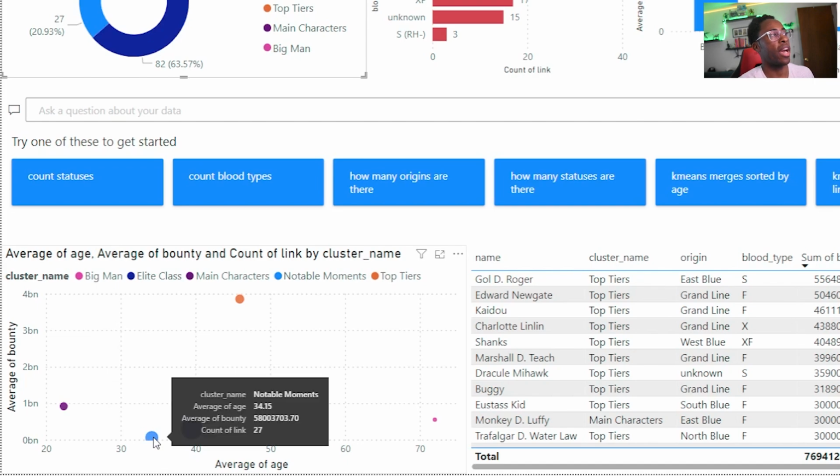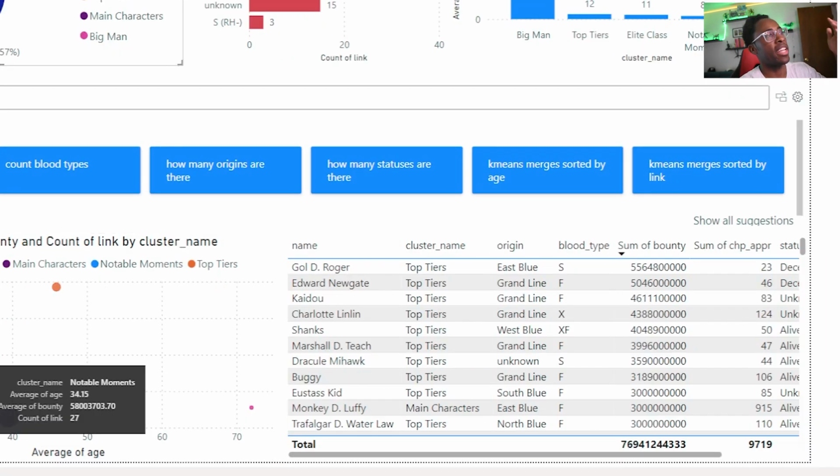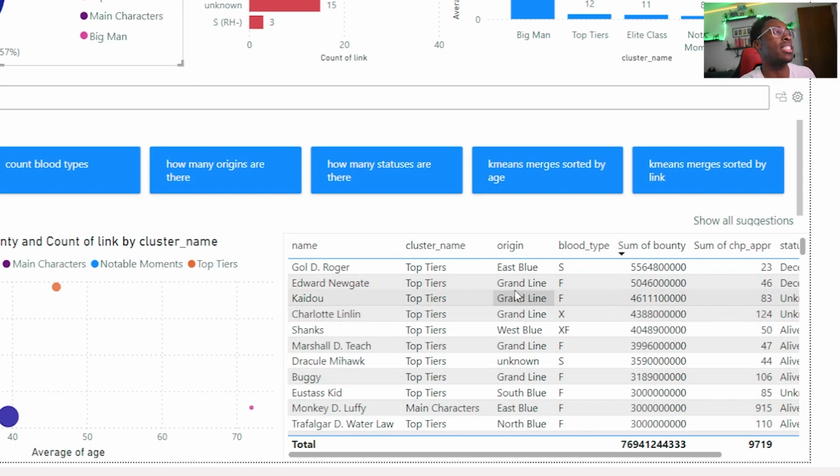And then right here we have the notable moments. So these are characters, as I mentioned, that have lower bounties, most likely appeared earlier in the story, because as we progress throughout the story, bounties that are introduced just organically are higher. But these characters had notable moments and they still have a bounty, so we have to put them somewhere.